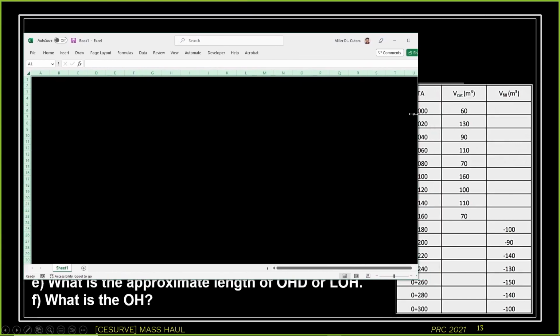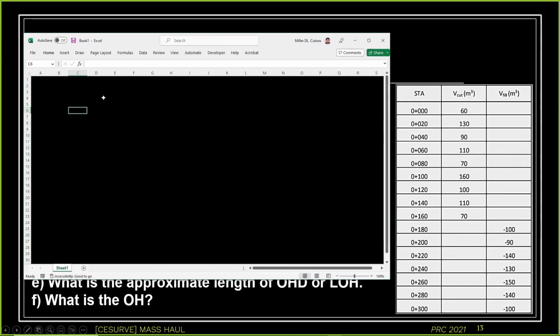Kopyahin lang natin. So, 0 plus 20. Baguhin natin yung format.